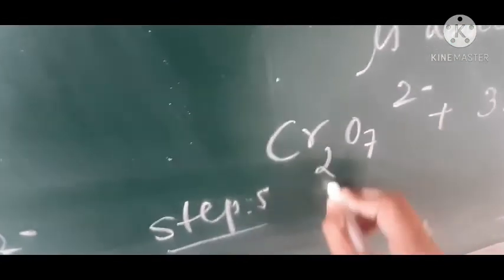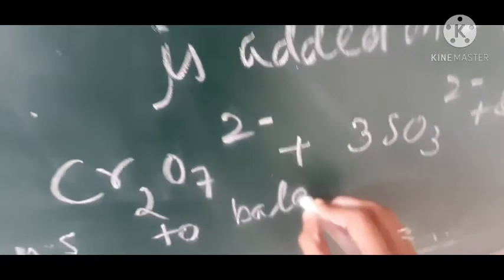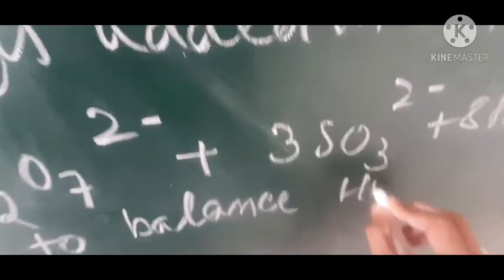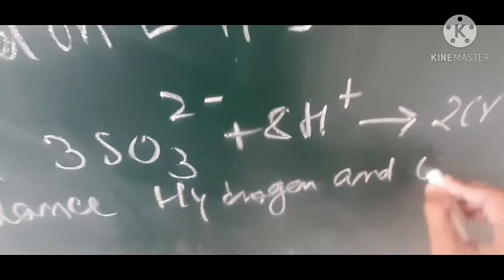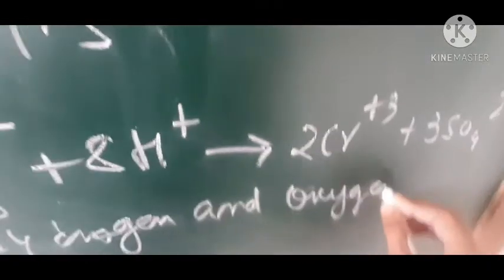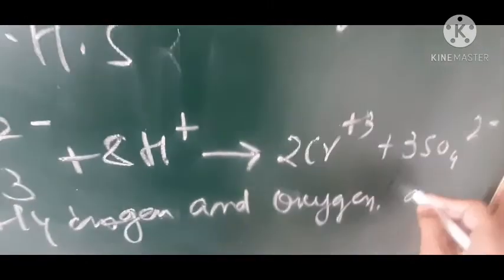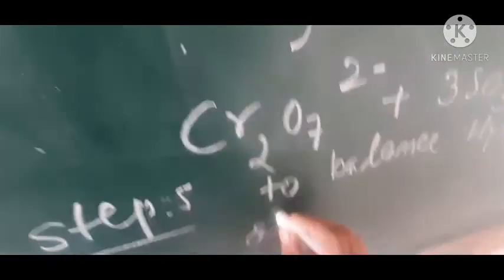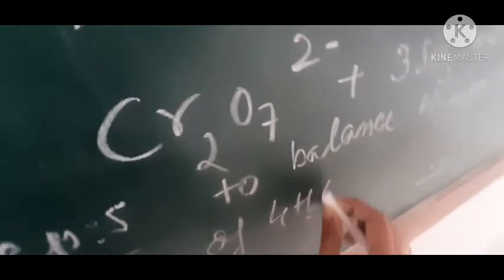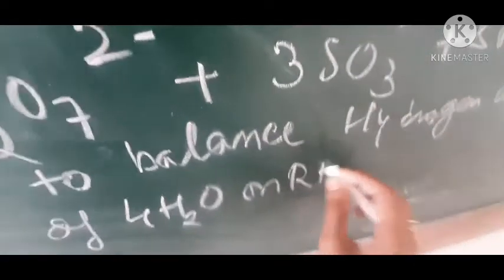So in step 5, to balance hydrogen and oxygen, we add 4 molecules of water on the right hand side.